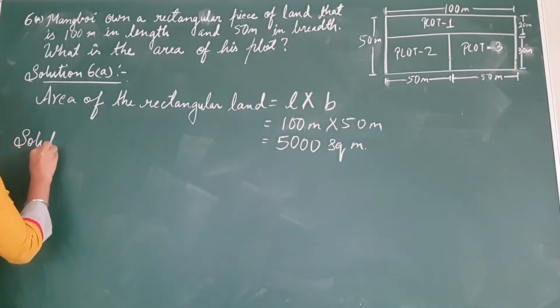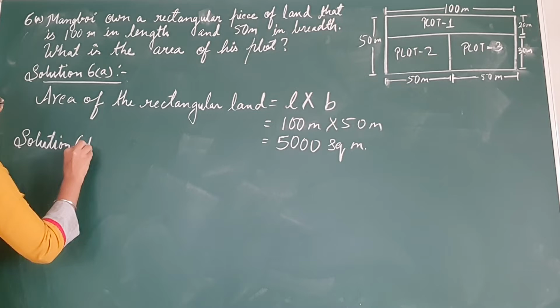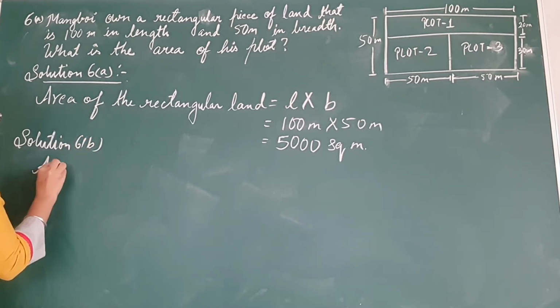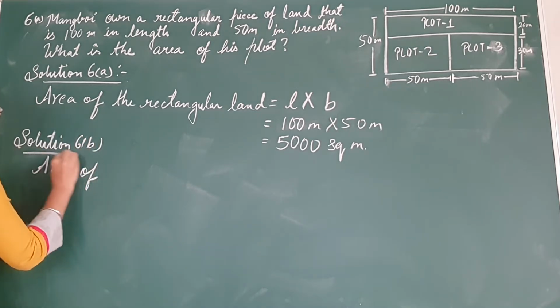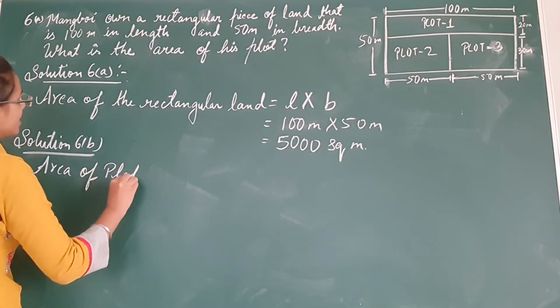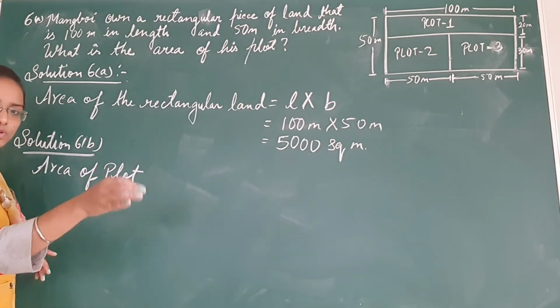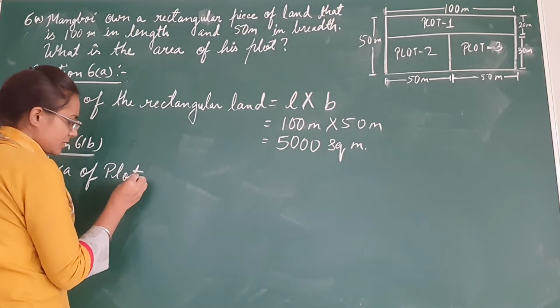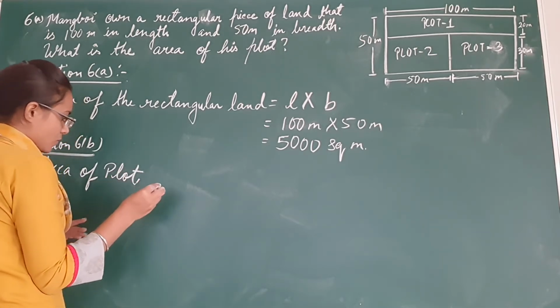So let us take out solution number 6B. The area of plot 1. I had not written question number 1, as I am going to give it to you along with your homework.